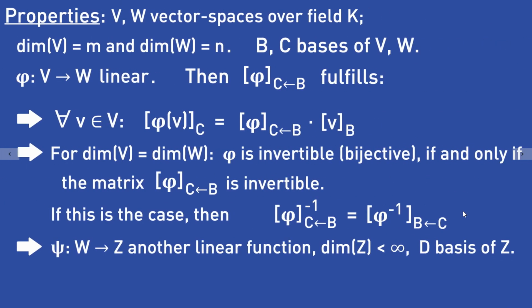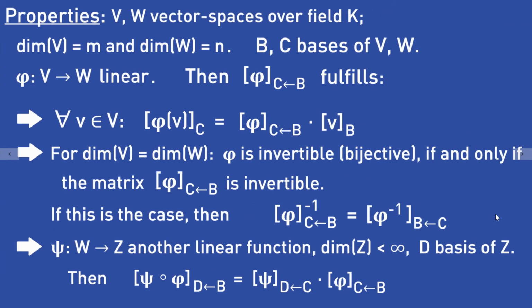Let's assume now we have another linear function psi from the space W to a space Z. Let D be a basis of the vector space Z, and Z has a finite dimension.